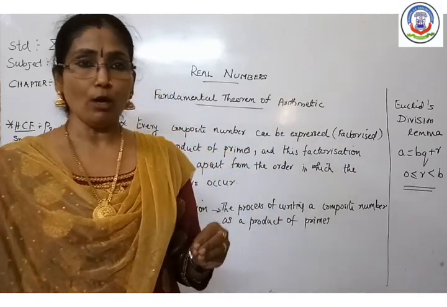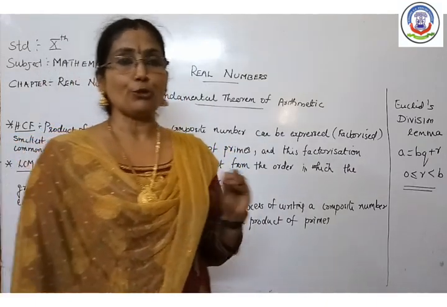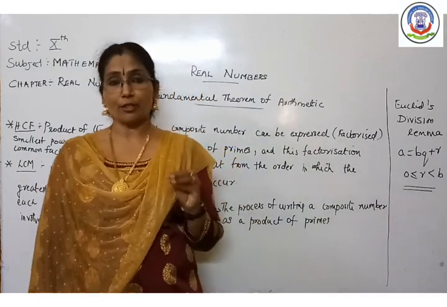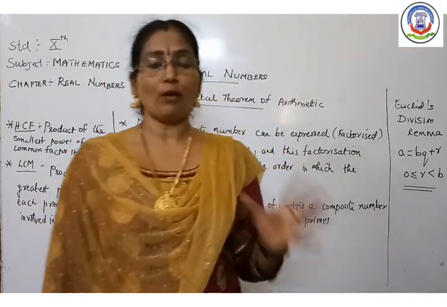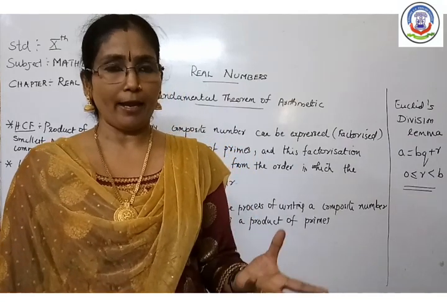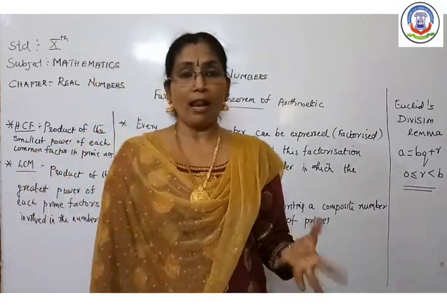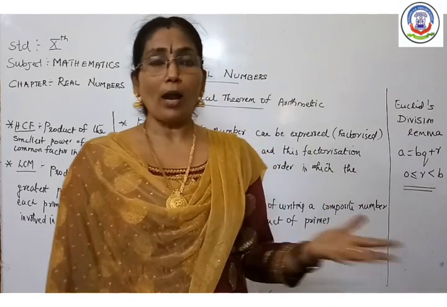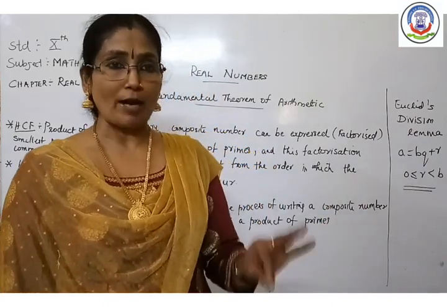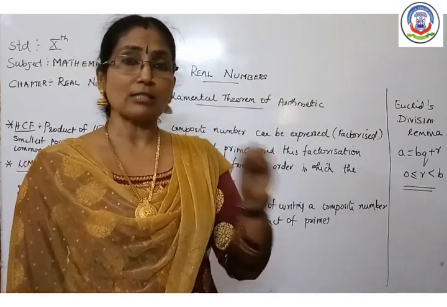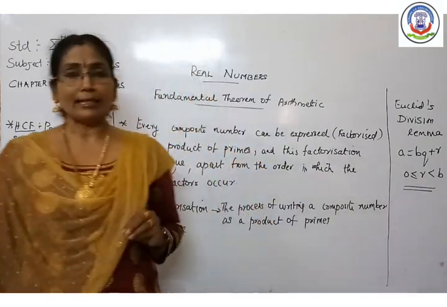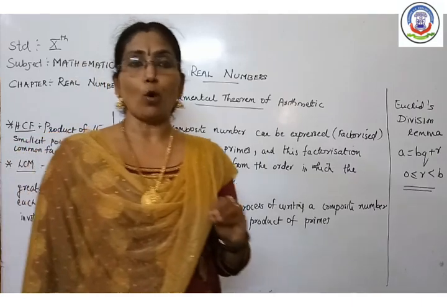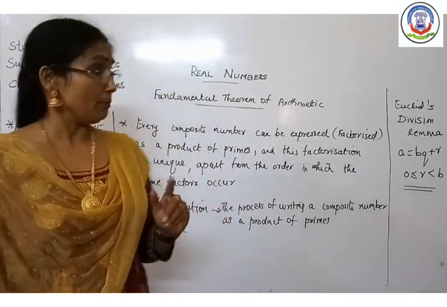For example, 2 has only two factors, 1 and 2. 3 also has two factors, 1 and 3. In the same way, 5, 7, 11, 13. These all have two factors only. One factor is 1 and the other factor is the number itself. That type of numbers we call prime numbers.